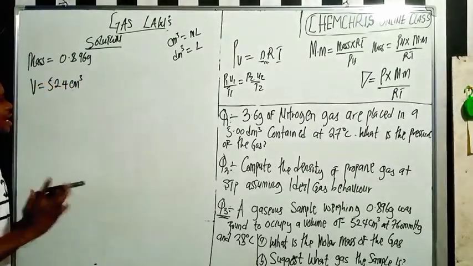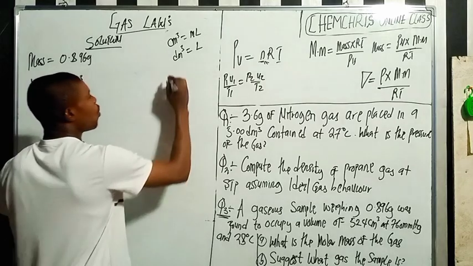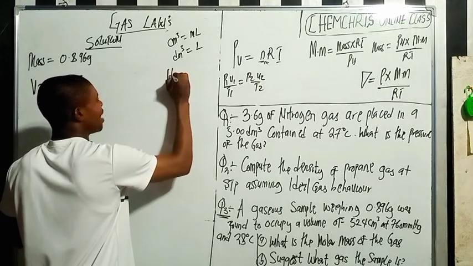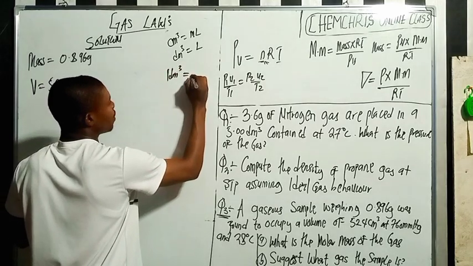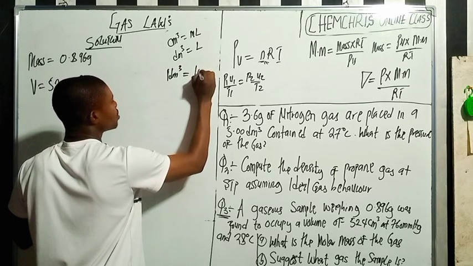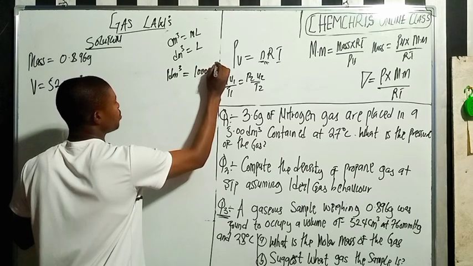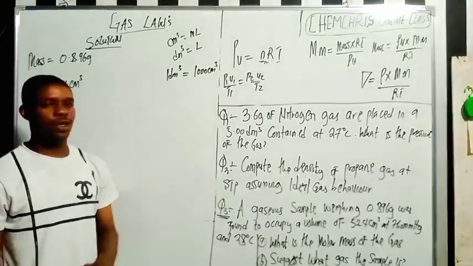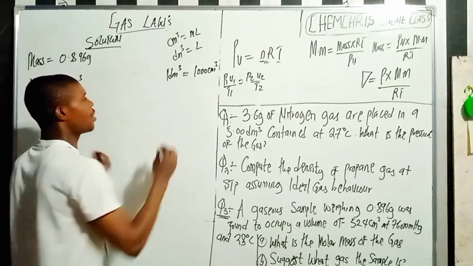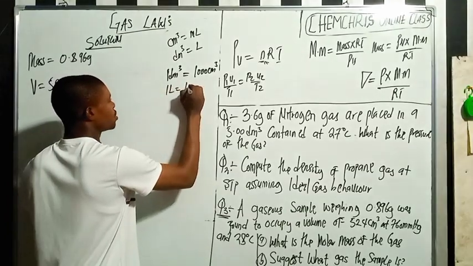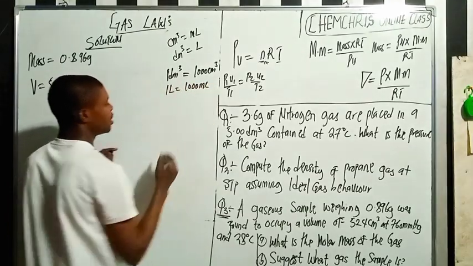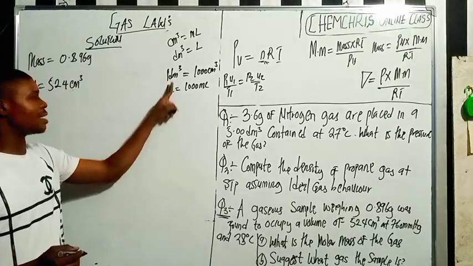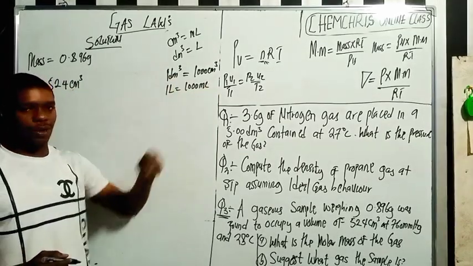Remember there is a relationship. 1 dm cube equals 1000 cm cube, or 1 liter equals 1000 mil. Remember, liter and dm cube are the same thing. Mil and cm cube are the same thing.